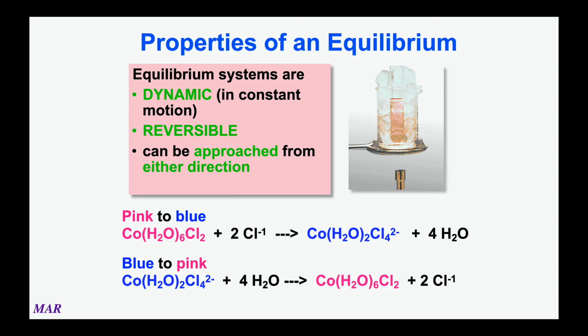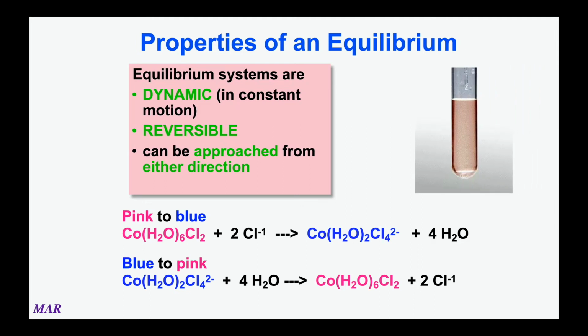So in this context, we think about it as Co(H2O)2Cl4 2-. We'd add some water to it, ending up making Co(H2O)6Cl2, the original pink complex, plus 2 chlorides. So this is what it means. You can literally think about it as reactant going to product from either direction. And this is written out, kind of what's happening here.